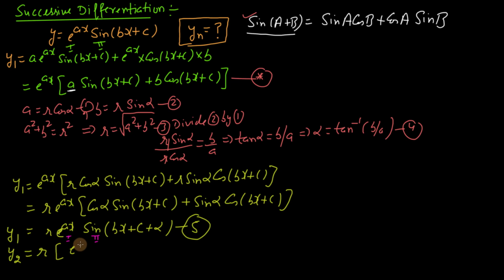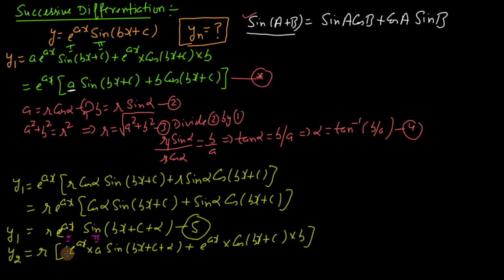It will be e raised to the power ax into a, into sine bx plus c plus alpha, plus e raised to the power ax, and the differentiation of sine is cos bx plus c into b. Now you will take e raised to the power ax common, and again in place of a you will put r cos alpha, in place of b you will put r sin alpha.